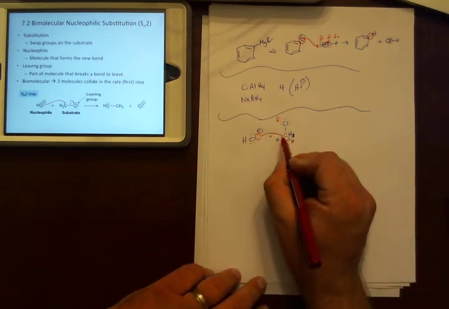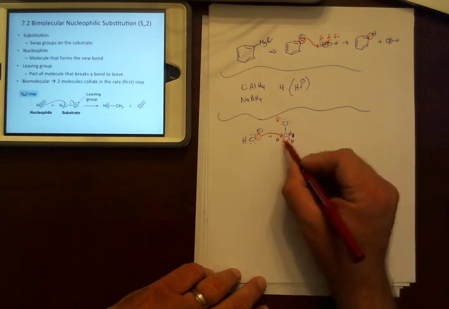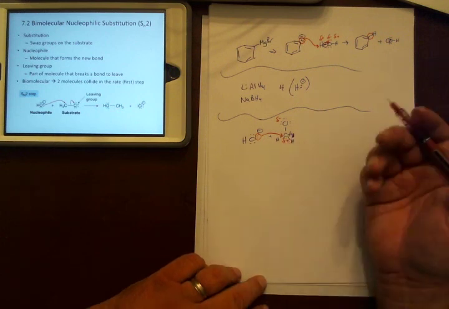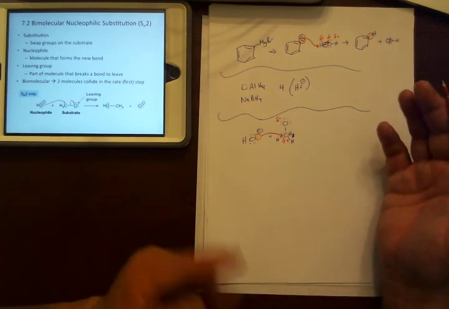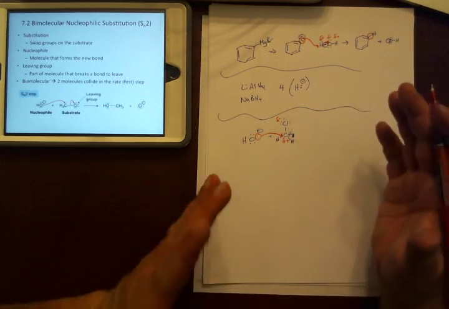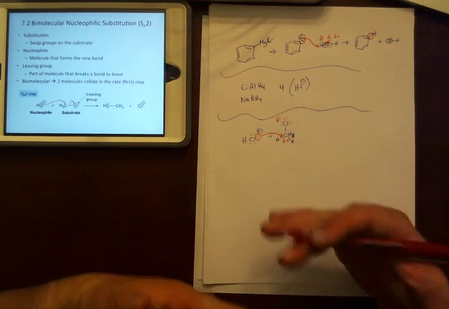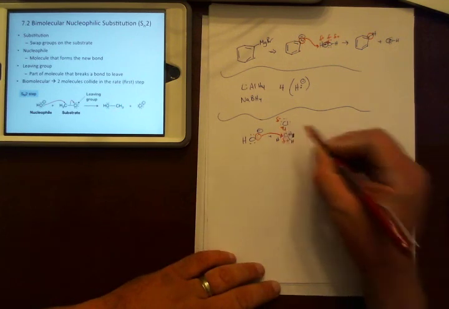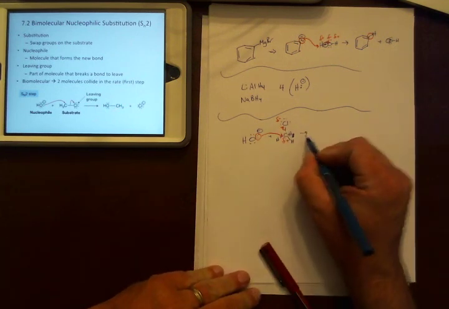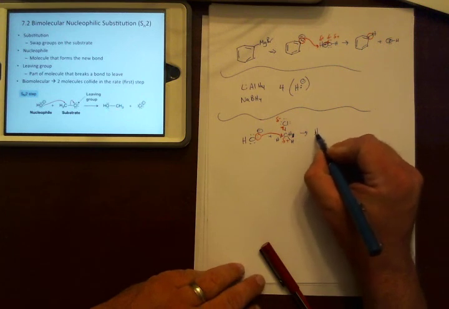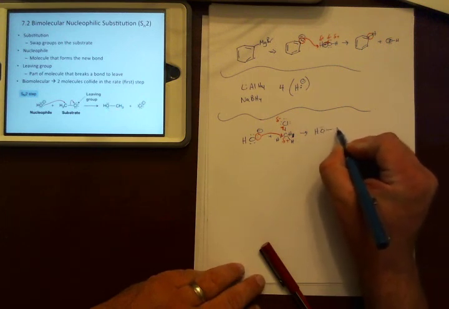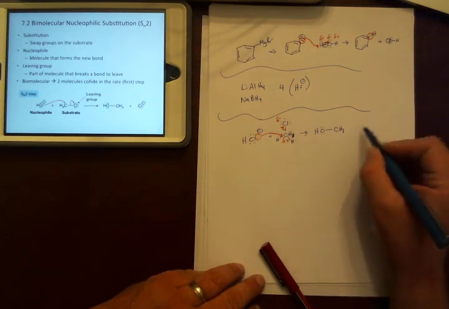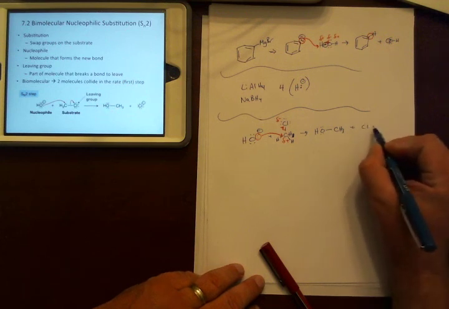So it's still going to want to make a bond here, but carbon already has its 4 bonds, just like hydrogen had its 1 bond. It's got to shed one, or else it's going to have too many bonds. So what does it do? It does the same thing that hydrogen and HCl did. It pushes those electrons up onto the chloride, so you end up with HOCH3 plus Cl minus.